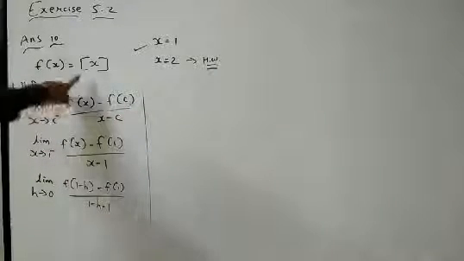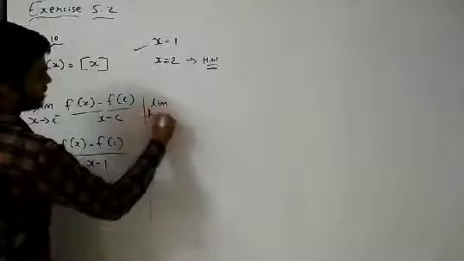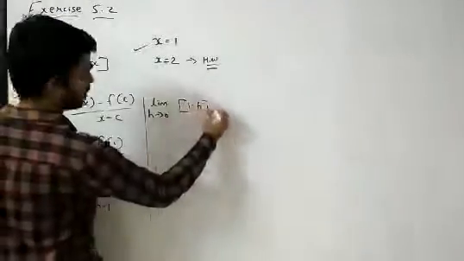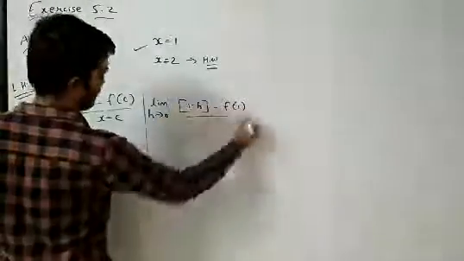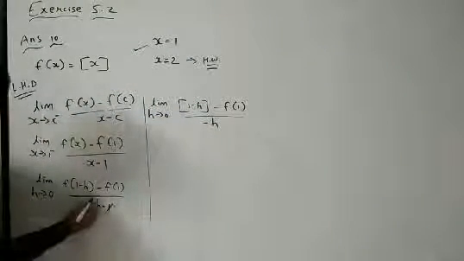Now the given function is the same one. So limit x tends to 0 of f of 1 minus x minus f of 1, divided by minus x. The 1 and minus 1 get cancelled with each other.